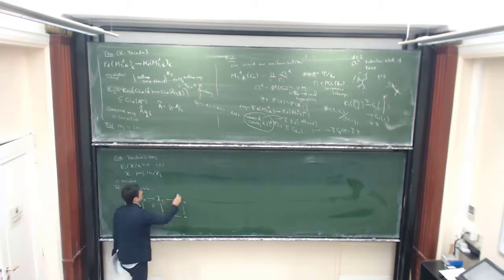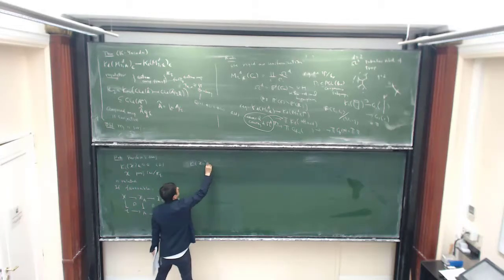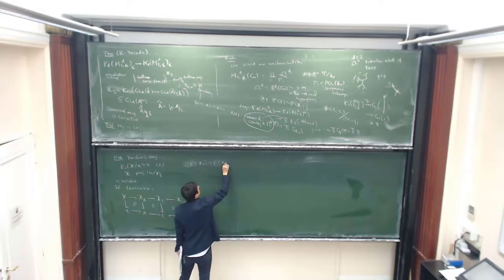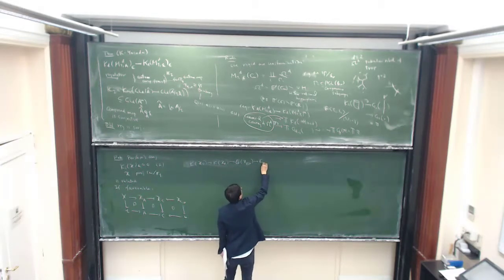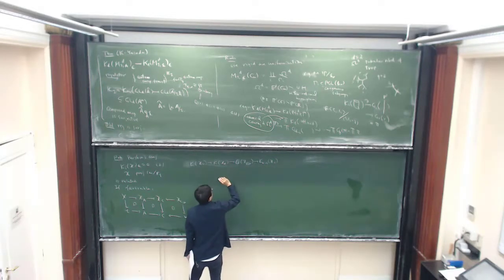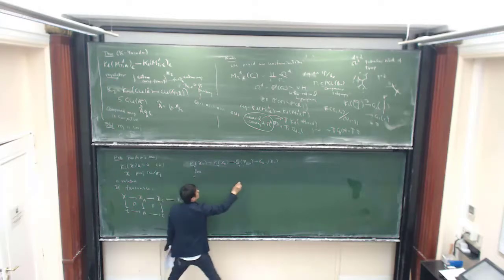Then we can consider the localization sequence, K of C going to, I'll use G theory. And then these are 0 by the conjecture.